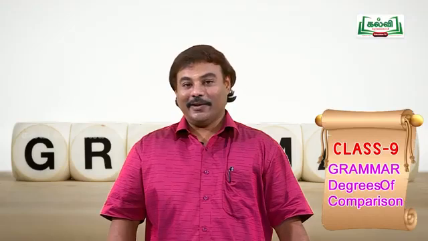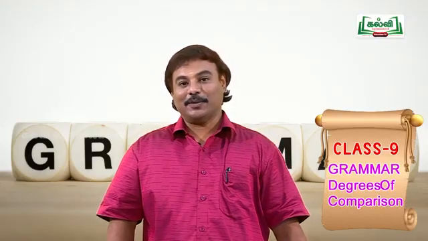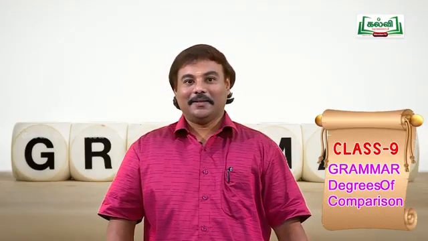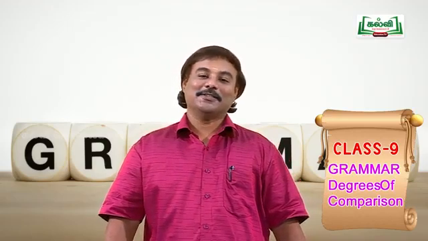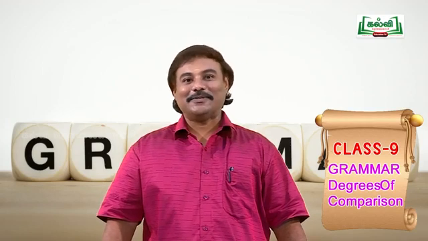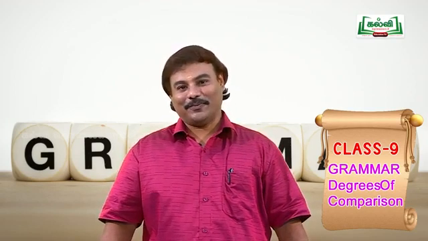Okay. You have an activity in your prose book on page number 36. There you can find lots of pictures and lots of adjectives they have given there. It's very colorful for you.